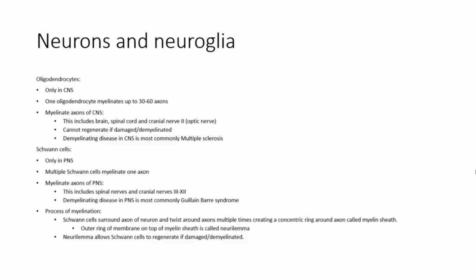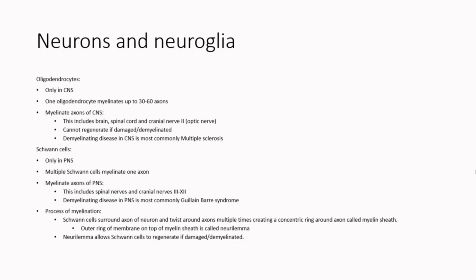Then we have the oligodendrocytes, and we are still talking about the CNS, the glia cells which we can find in the CNS. This oligodendrocyte, we have already mentioned it because it produces the myelin, and we said that it can produce several myelins at the same time, so 30 to 60 axons.